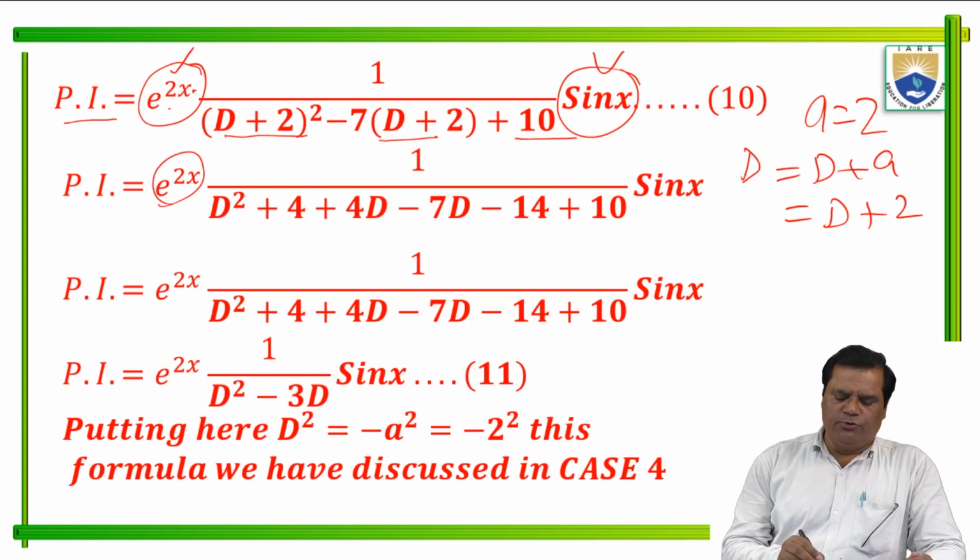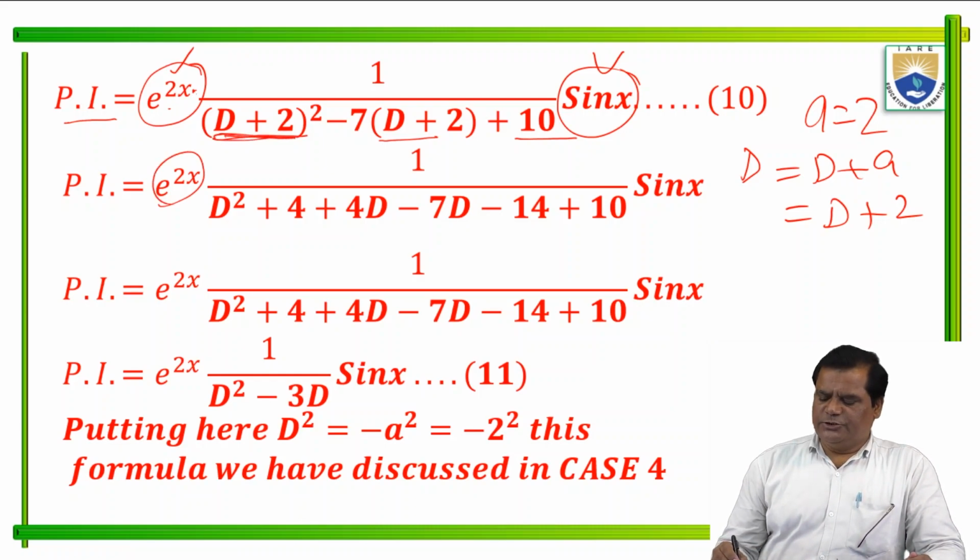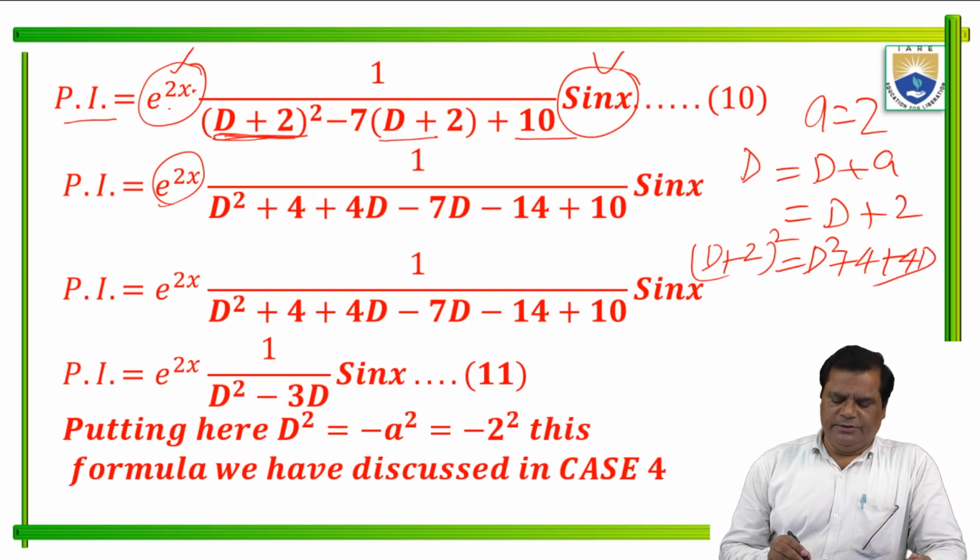So e to the power 2x, opening the whole square, what is (D plus 2) whole squared? It is D squared plus 4D plus 4. Then multiplying by minus 7: minus 7D minus 14, and plus 10.